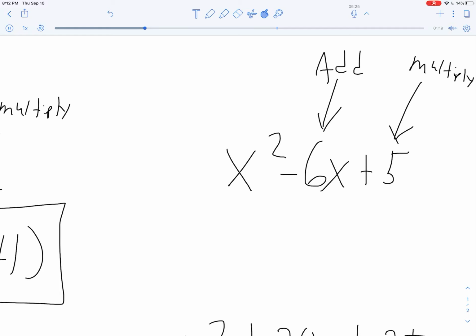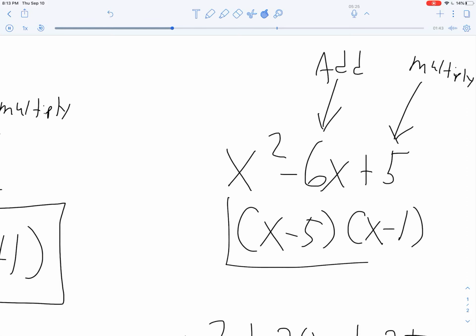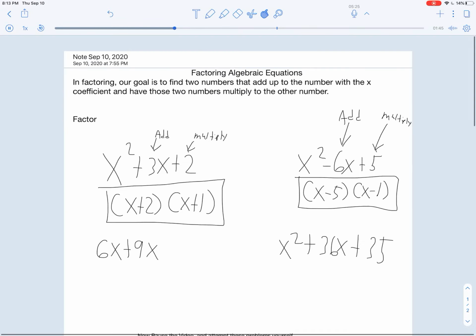Well, I know that 5 times 1 is equal to 5, and if they're both negative, they multiply to positive 5, and that would add up to negative 6. So it's simply x minus 5 times x minus 1. And there, we have our answer.